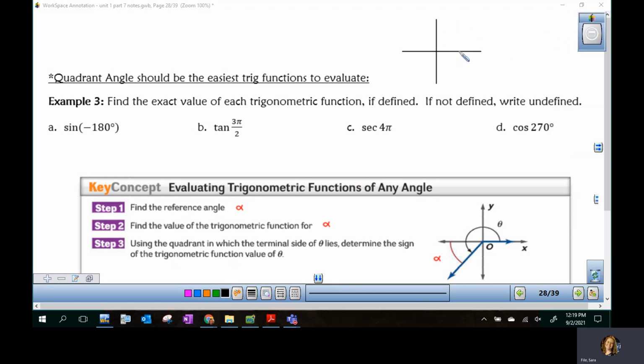So let's think about those 4 points around the unit circle. What were the ordered pairs of these 4 points around the unit circle? What here at 0 degrees, what was it? 1, 0, because I could go over 1, up 0. What about here at 90 degrees?